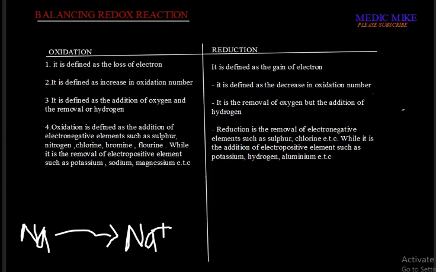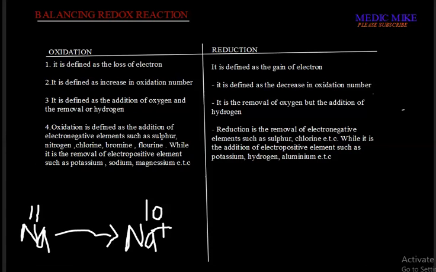This atom here has 11 electrons, because it is at its neutral stage and its charge is equal to 0, because it has equal proton number and equal electron number. But for this ion, which is sodium ion, it has 10 electrons. Generally, metal ionizes by the loss of electron. So neutral sodium will lose one electron to form sodium ion. So you can see here that it undergoes oxidation by the loss of electron.